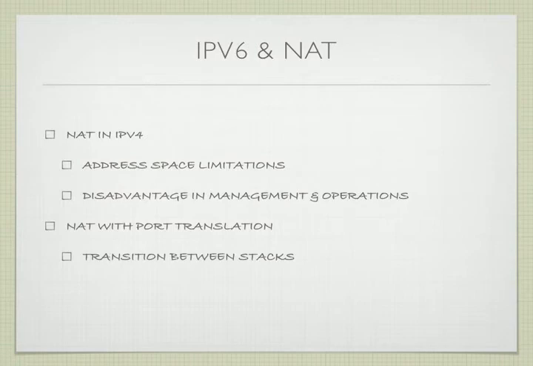But we can use NAT as a transition method, to convert one address to another. In the ScreenOS devices, the DIP and the MIP are supported for this type of address translation. So when you need to convert cross stack, you can use the DIP or the MIP as the addressing method.